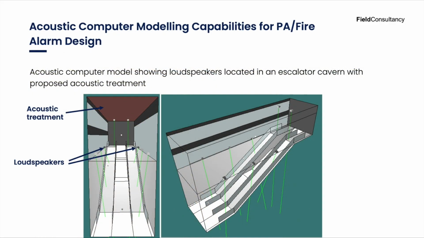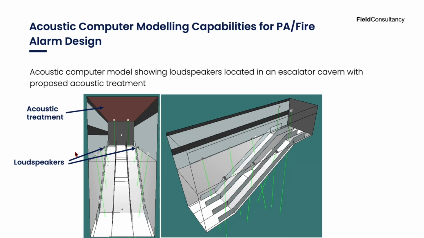Here's another example of acoustic computer modelling for a train station, and this is in escalator areas where people were walking down from the entrance to the station to the platform areas. It shows loudspeakers located in the escalator cabin with proposed acoustic treatment on the ceiling. This was quite a difficult space to provide intelligible PA announcements because it was a very tall space and we had limited locations to locate loudspeakers to provide the public address announcement messages.